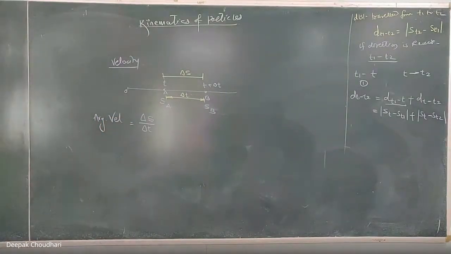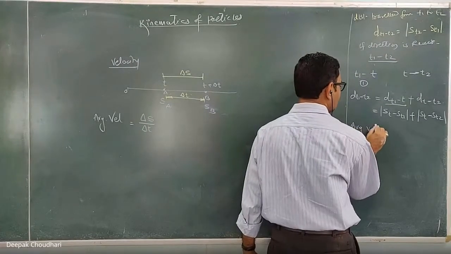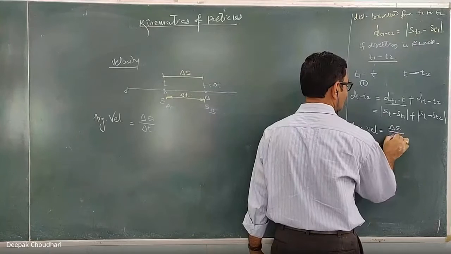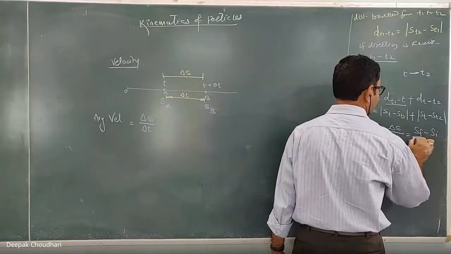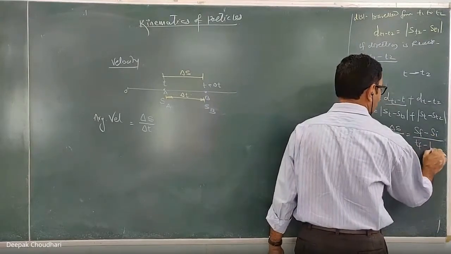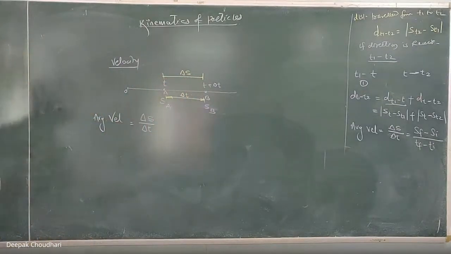So average velocity of the particle is nothing but the change in displacement upon change in time. Remember this formula. We can write final displacement minus initial displacement, which is the change in displacement, upon final time minus initial time, which is the change in time. So this becomes the average velocity.